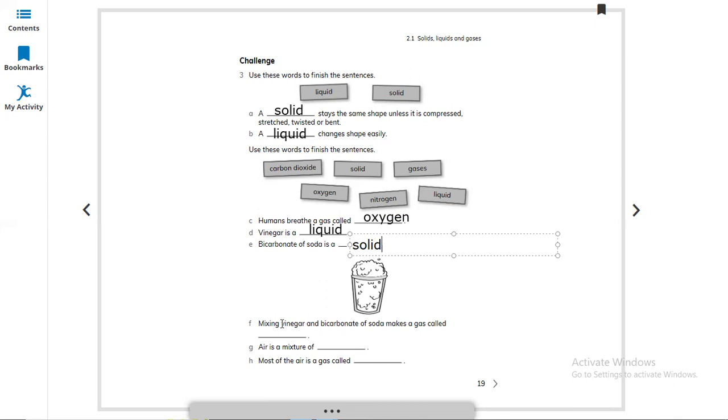After this, number F, mixing vinegar and bicarbonate of soda makes a gas called carbon dioxide. If we make a mixture of bicarbonate and vinegar, we can get a gas whose name is carbon dioxide.